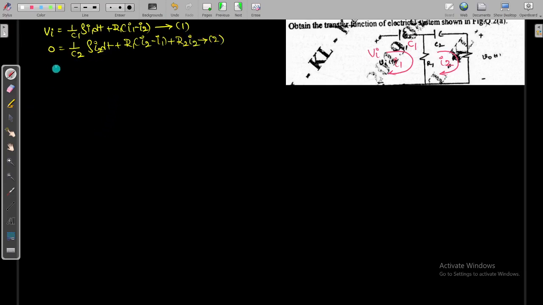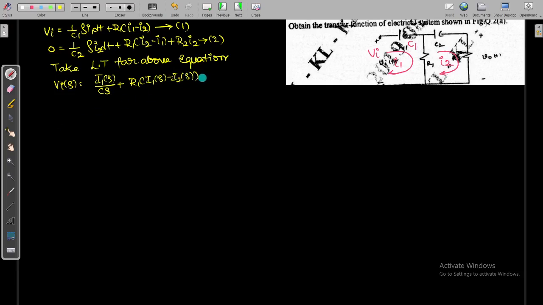Take the Laplace transform of the above equations. We get Vi of s equals I1 of s divided by C1 s plus R1 into (I1 of s minus I2 of s).